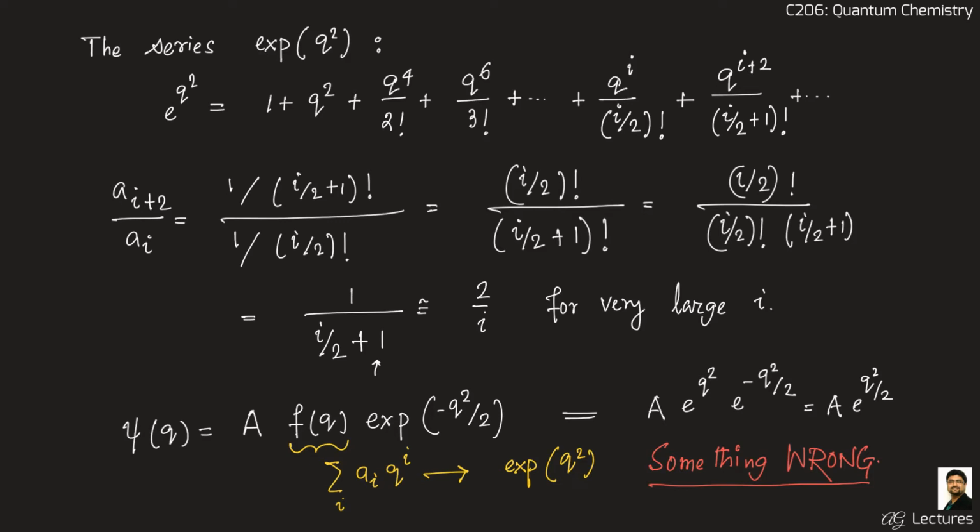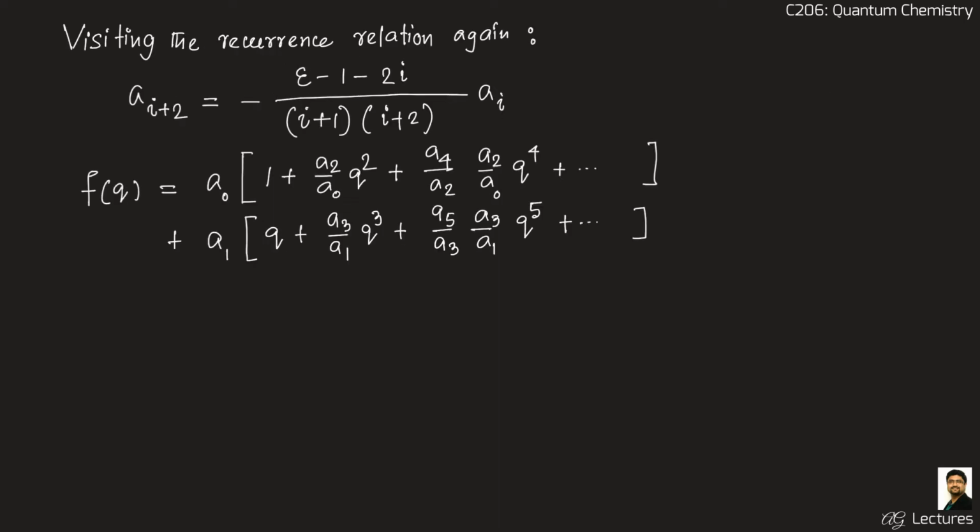Now let's see under what condition this function f, or the corresponding series for this f, can get truncated after few terms only. So let us visit the recurrence relation once again. We had got a_{i+2} and a_i related by this factor.